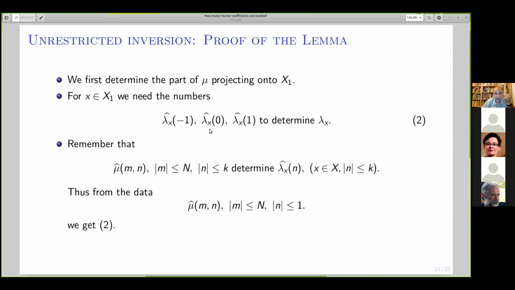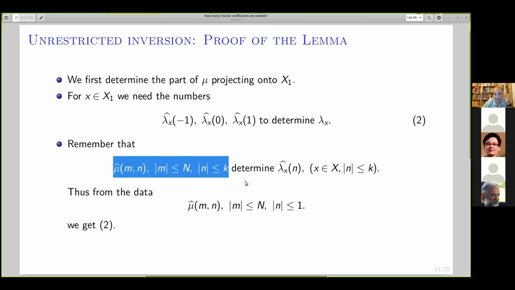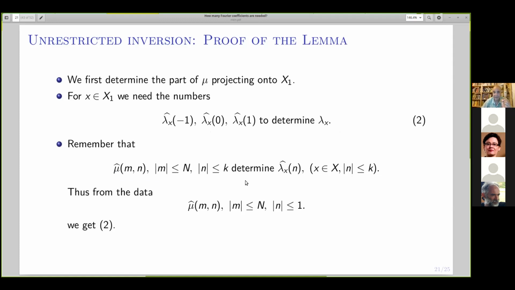Now, where do we get these numbers from? We get them from this. Actually, if we want to get all the lambda xn for n up to k, which for us is 1 here, then we look at those numbers. This is exactly what I did in the previous result with kn points. We proved that these numbers determine lambda x hat of n for these n.